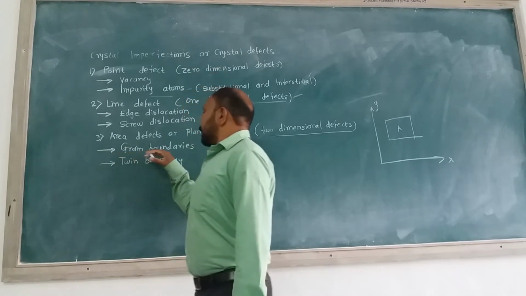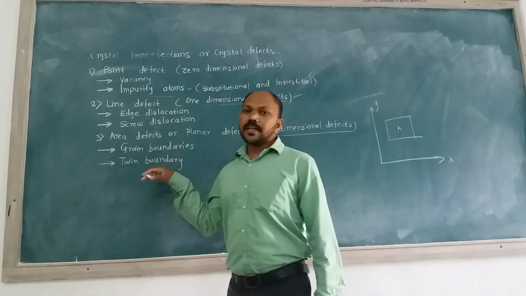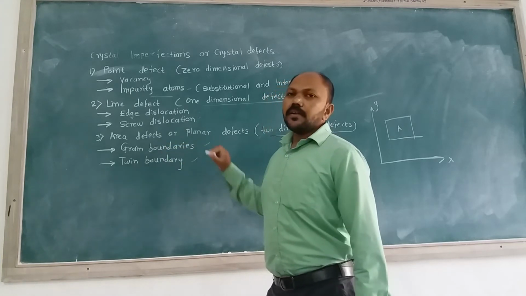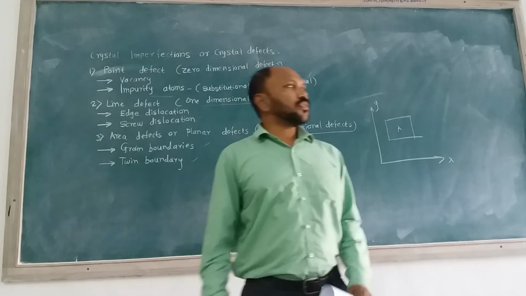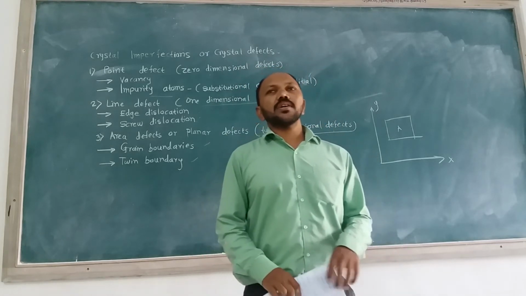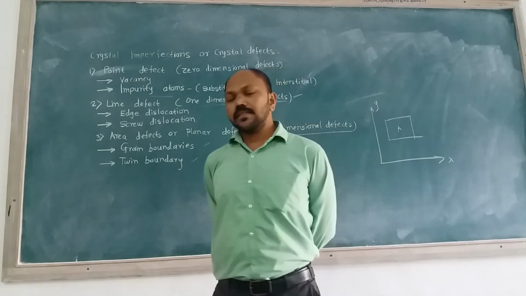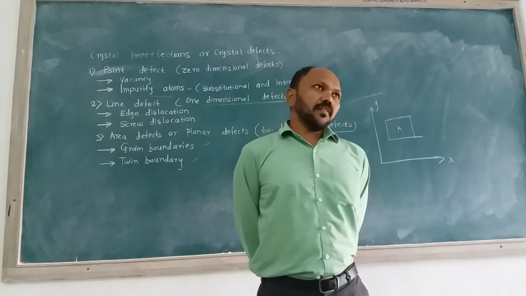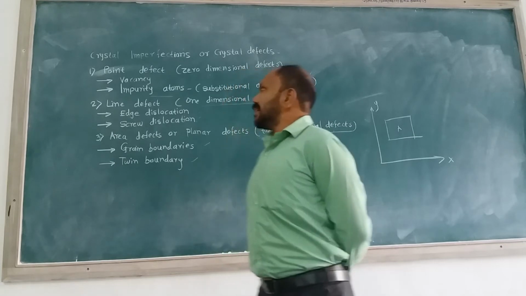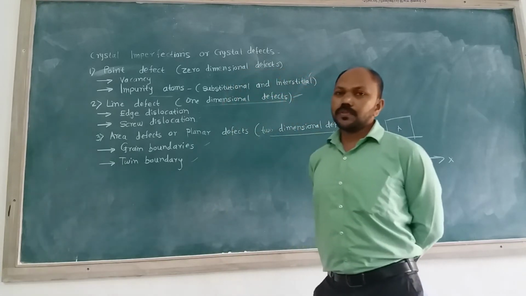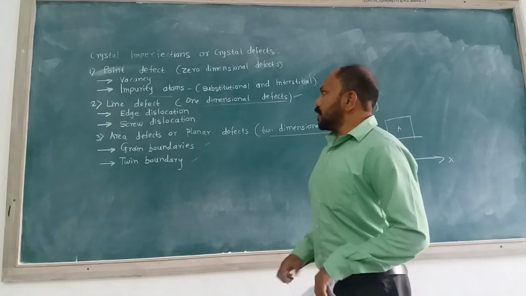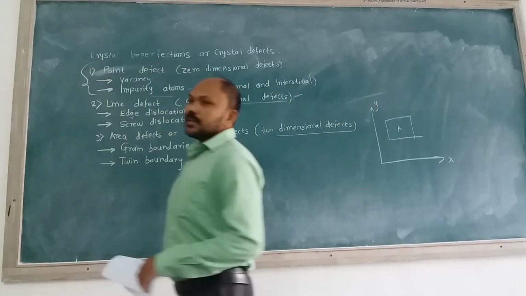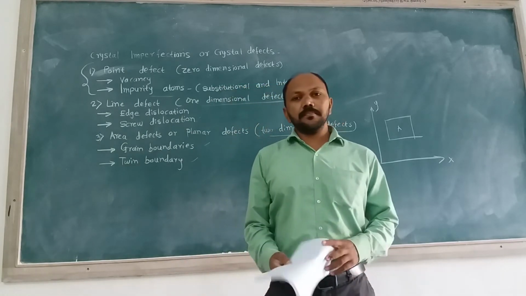Area defects or planar defects are again subclassified into two types, that is grain boundaries and twin boundaries. Volume defects are also there, but from the syllabus point of view, these three defects are sufficient to study. In today's lecture, we focus on point defects.